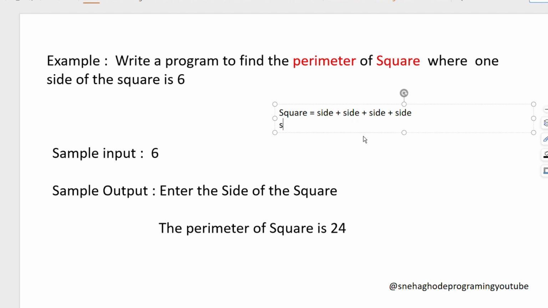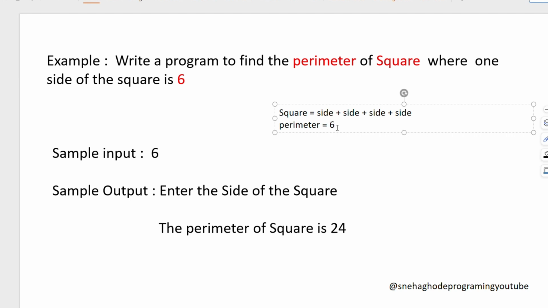Okay, so here we need to find the perimeter of the square. The side is given here as an input. This input we have to use. We can consider this as a test case. So what is the side value?